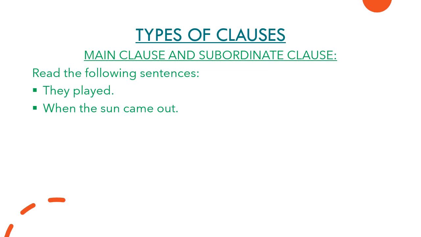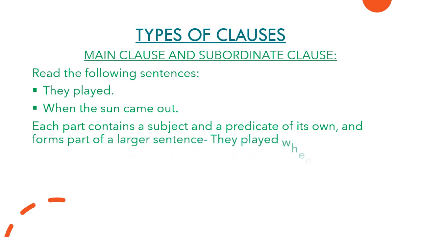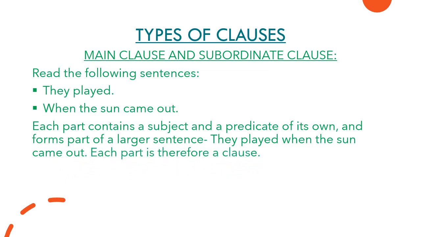So now let's read further. Each part contains a subject and a predicate of its own and forms part of a larger sentence. They played when the sun came out. Each part is therefore a clause.